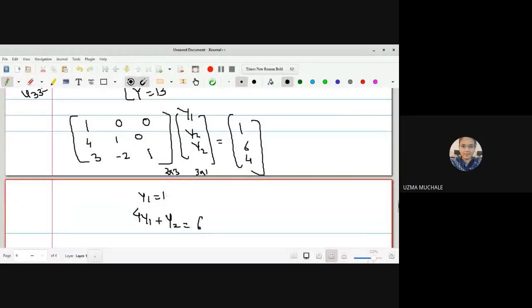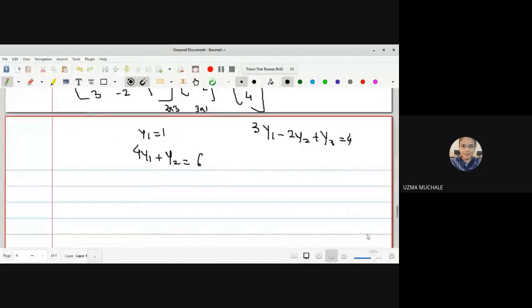The last equation is 3y1 minus 2y2 plus y3 is equal to 4. Knowing y1, you put it in the equation: 4 plus y2 is equal to 6. y2 is 2.